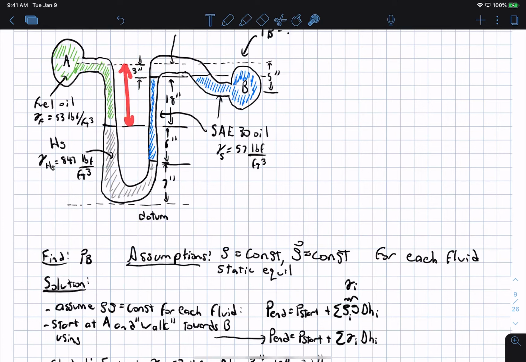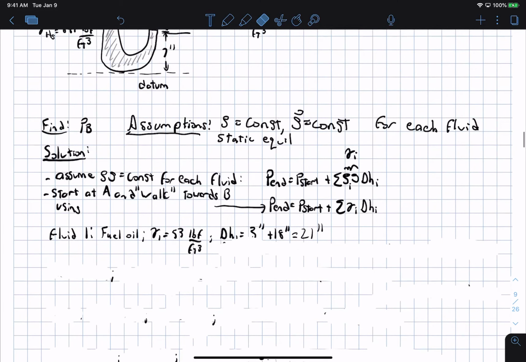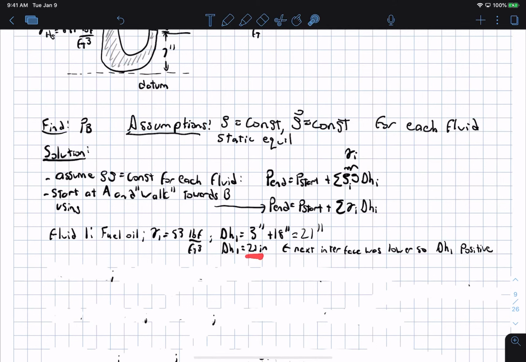We are starting from here and moving down in our path, so that delta H is positive because we are going in the direction of gravity. That's where I get this 3 inches and this 18 inches, and we get the total change of elevation for the first fluid is 21 inches. We can do that because we went down to reach the next fluid.